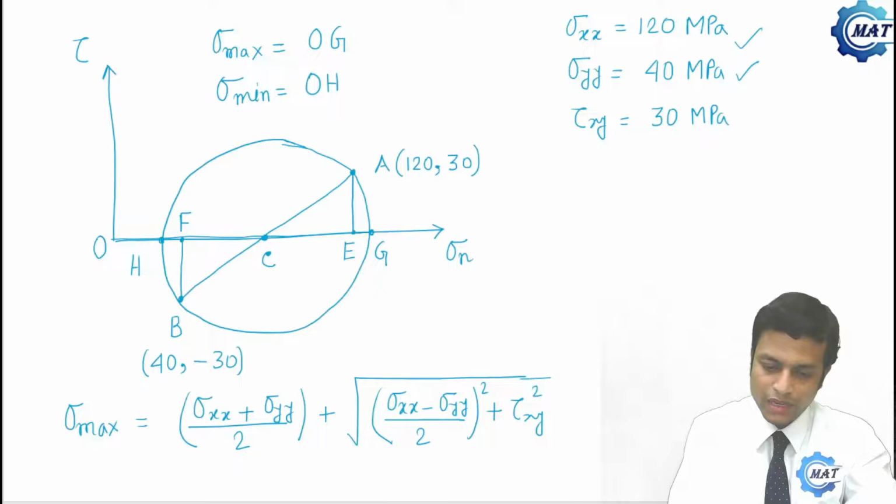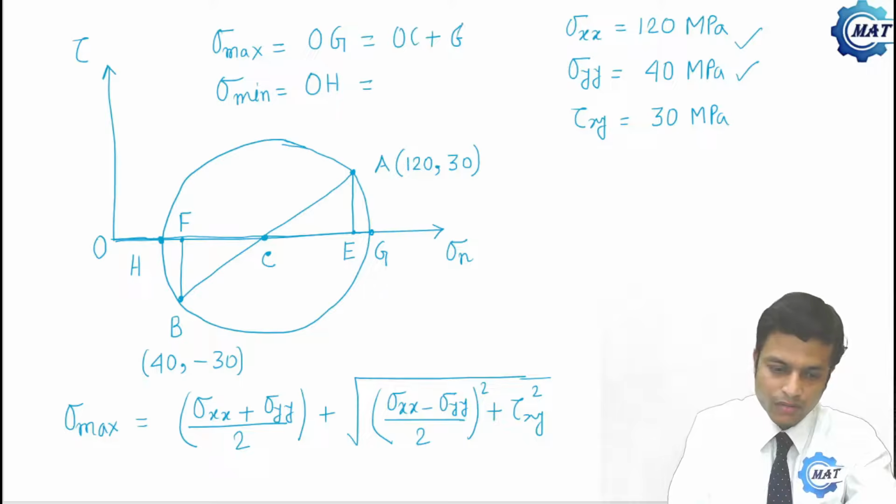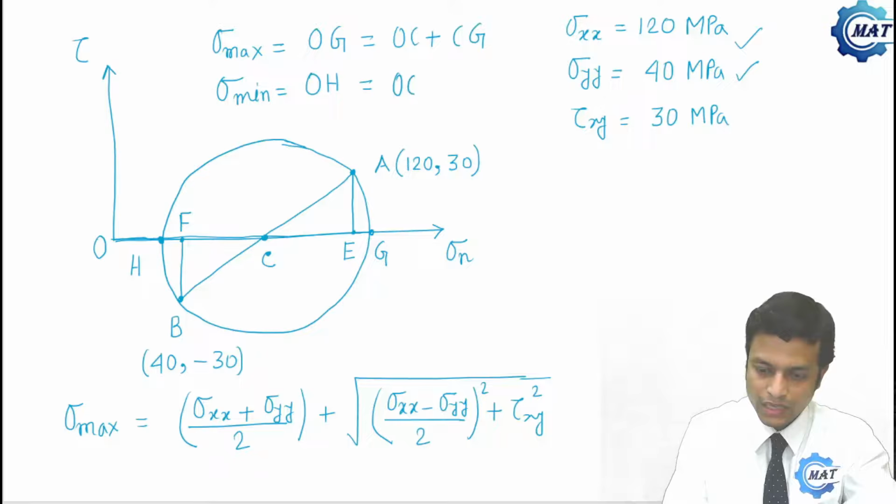So let us come to here. OH is sigma min, and you will get sigma min. OG is OC plus CG. And here OH is OC minus CH.